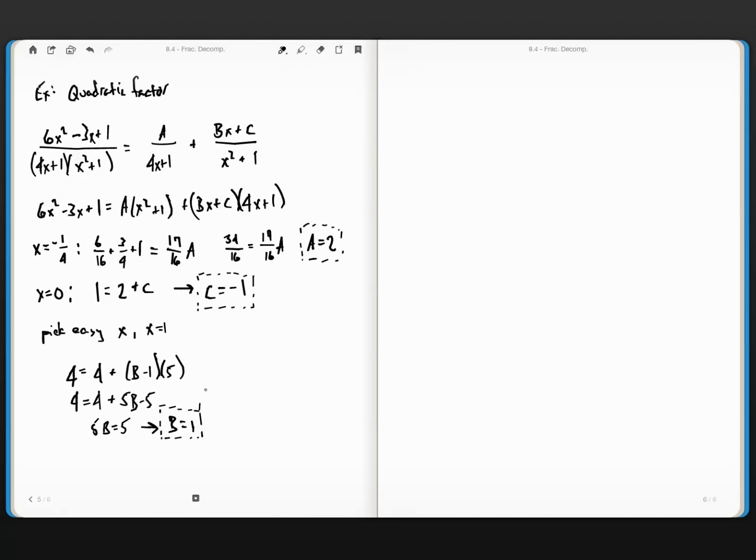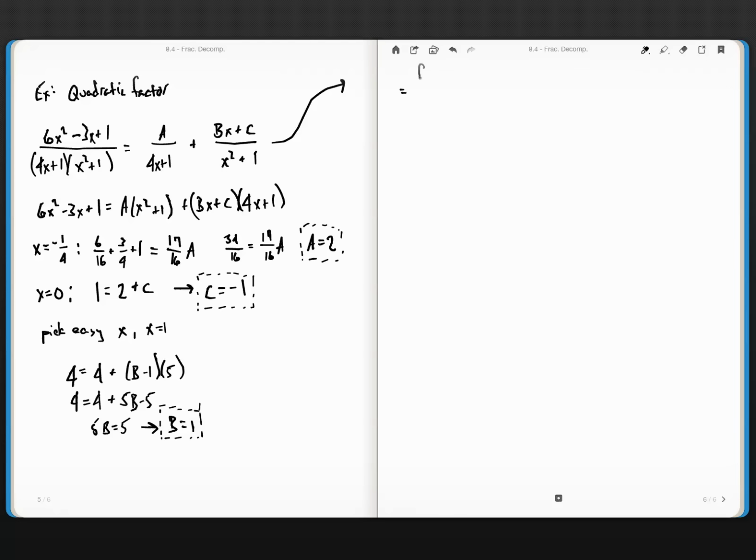I've got this whole thing, and I now have this equals the integral, this whole thing, will become 2, because it's a over 4x plus 1.